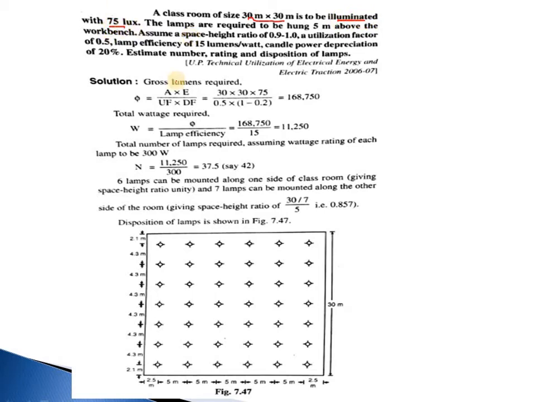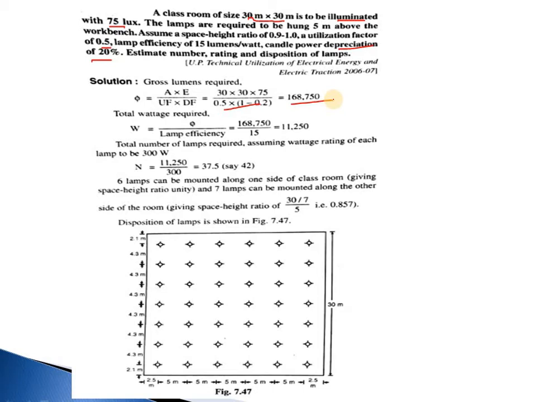So it will be A into E, 30 into 30 into 75, divided by the utilization factor, that is given 0.5, into DF, that is the depreciation factor of 20%. So that is our total gross lumen requirement, which we have calculated as 168750.